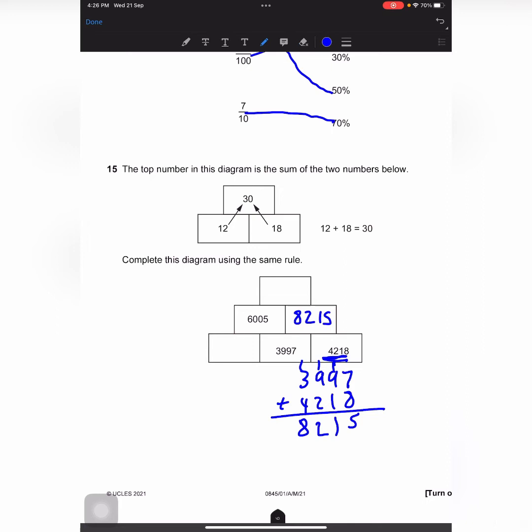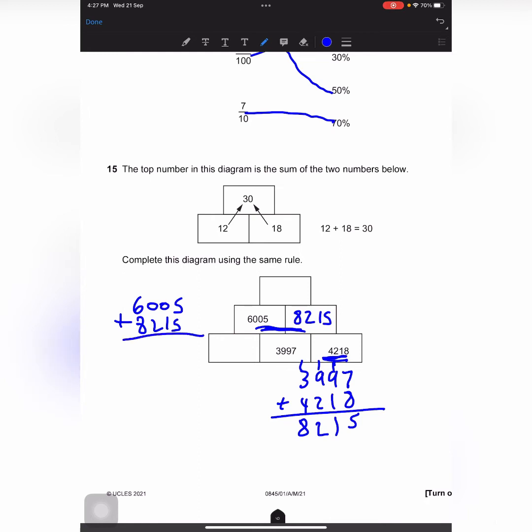Now, let's add these 2 together so we can kind of know what's going to be at the top. So we're going to do that. 5 plus 8,215.